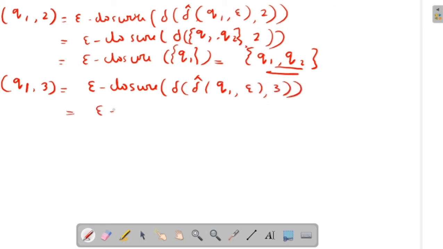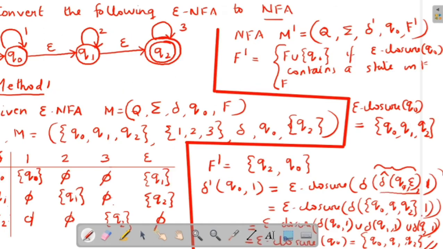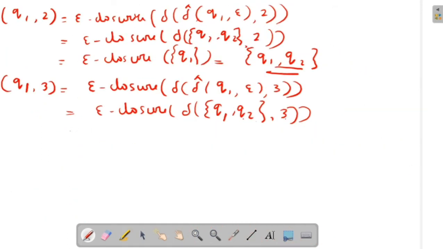That is equal to epsilon closure of delta of Q1 comma epsilon, which is epsilon closure of Q1, that is Q1 Q2 comma 3. So Q1 comma 3, delta of Q1 comma 3 is null set, Q2 comma 3 is Q2. So here we have Q2, and epsilon closure of Q2 is equal to Q2.